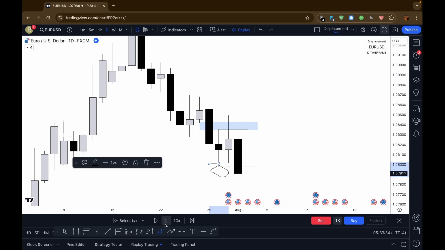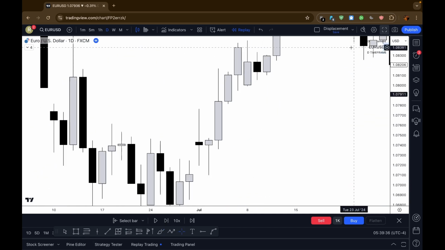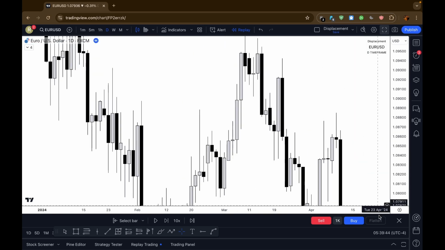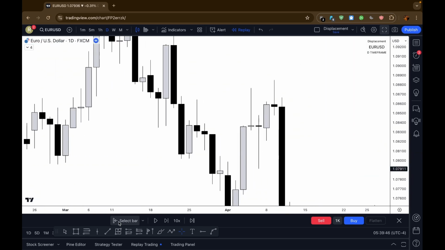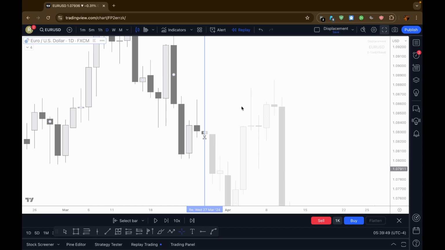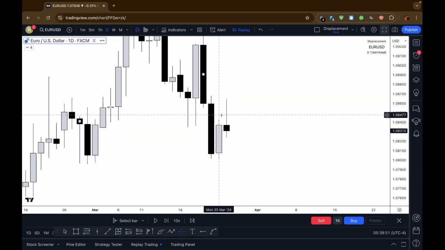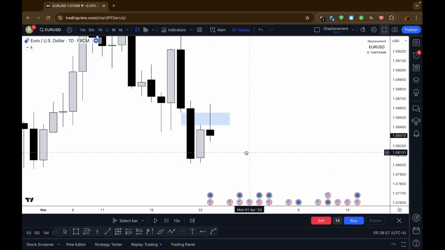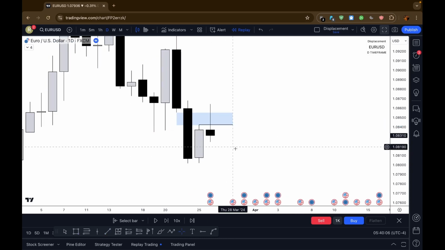Now I will go and show you one more example of this. There is a fair value gap here, and you wait for the price to form a doji candle, and always try to see this in a trend, right? You see this, there's a fair value gap here, a doji candle forms here, right?